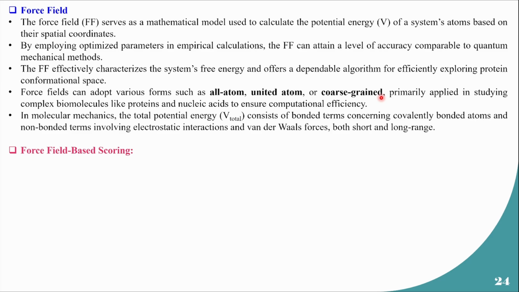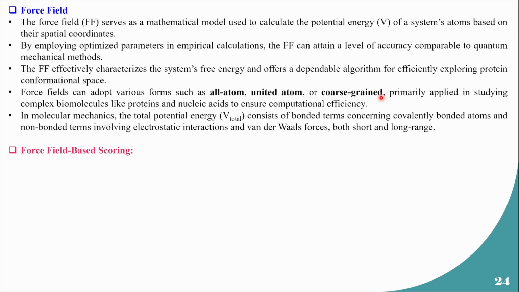So it is of course going to be lower accuracy, but you can describe a much larger system using coarse grained force fields. Since you are not considering each individual atom as a separate unit, coarse grained models will have lower computational time compared to all atom models.